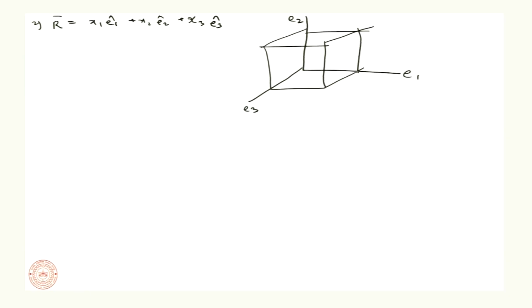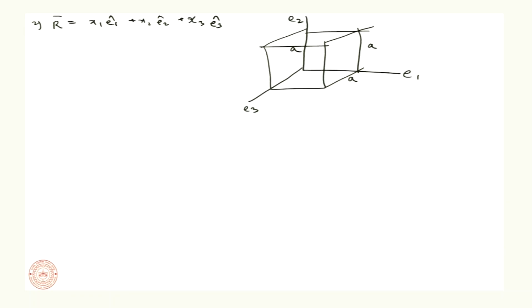Okay, so let's draw a cube of our coordinate system E1, E2 and E3. Okay, so let's say that each side is a for this cube.